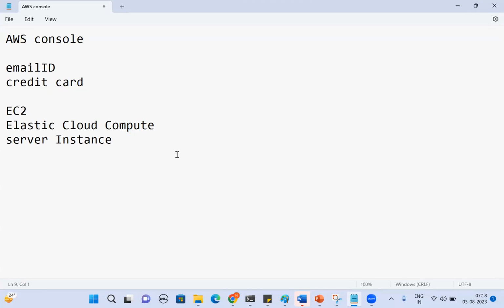So let's go to the definition of what it means.